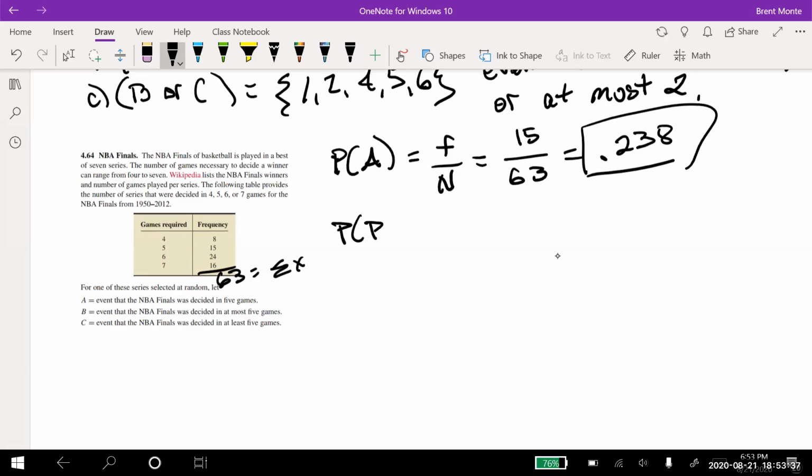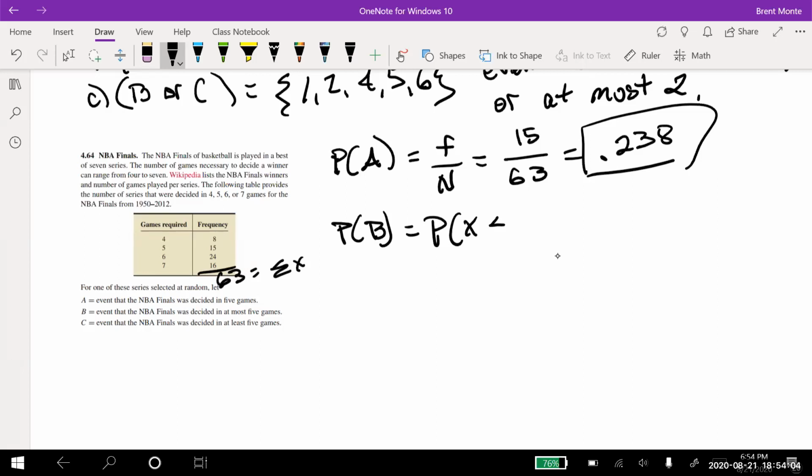All right, let's look at the probability of B. The event: the NBA Finals was decided in at most 5 games. So what they're saying here is the probability that the series, we'll just call that X, was at most 5 games.